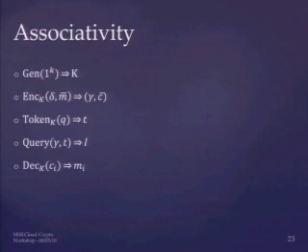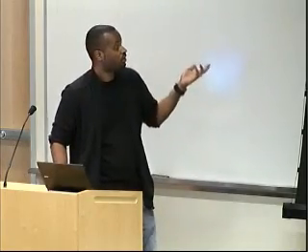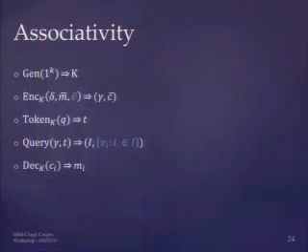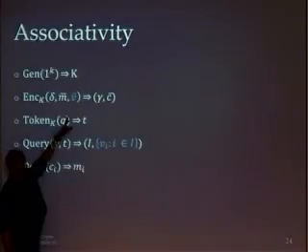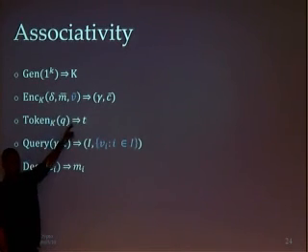Okay, a little bit more precision on what I mean by associativity. These are the algorithms that we had initially for structured encryption. Now a structured encryption scheme is associative if it has the following properties. On top of the data structure and the data items, we also have the semi-private information. For each data item, I can associate another item.